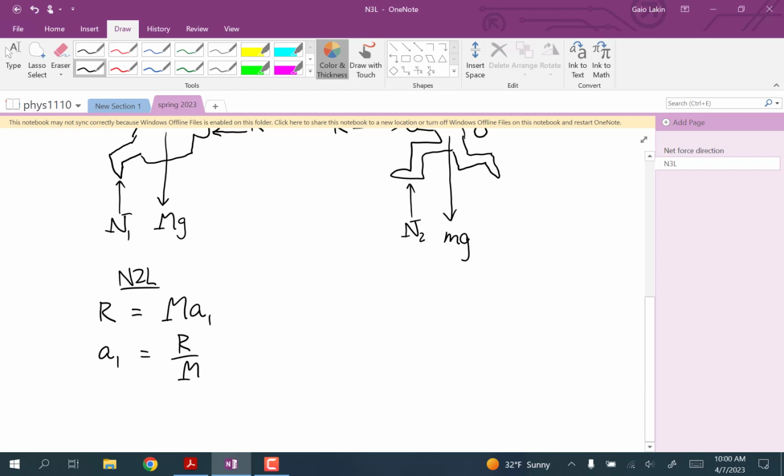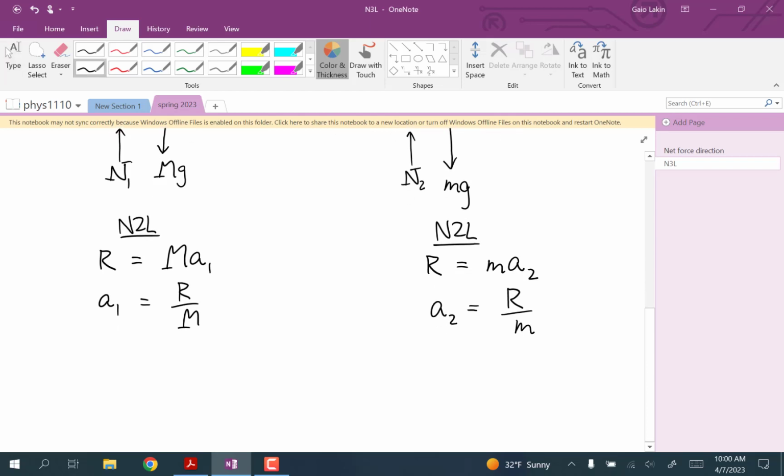Now let's think about Newton's second law for the smaller player. Again, I'm ignoring the directions, but R is equal to, this time, the smaller mass times the acceleration of the smaller player. And so A2 is equal to R over little m.